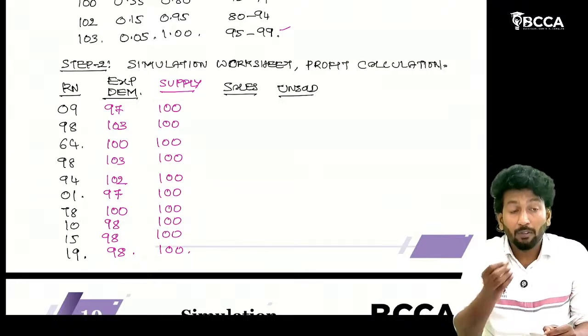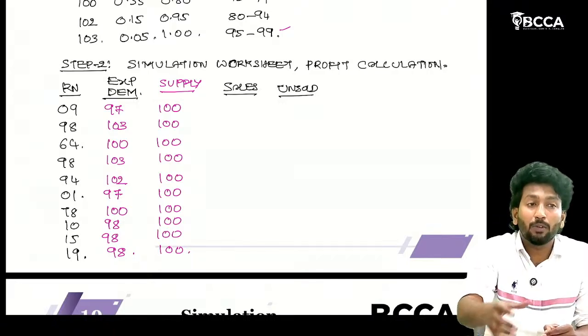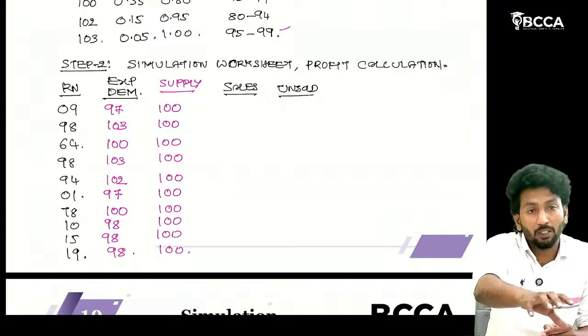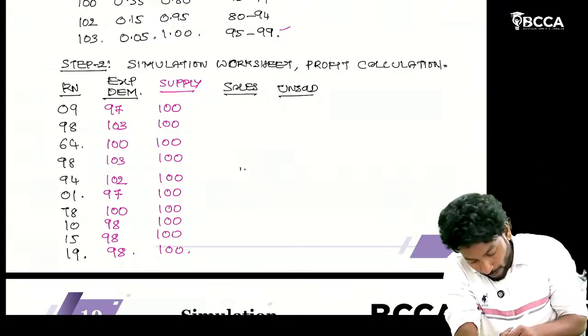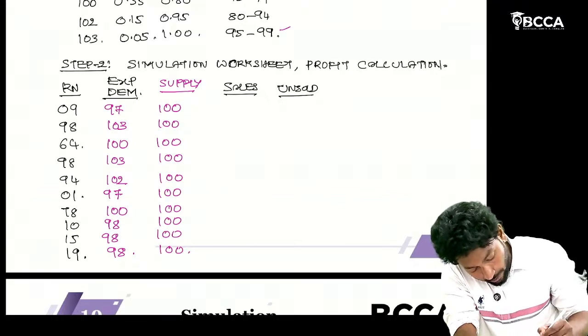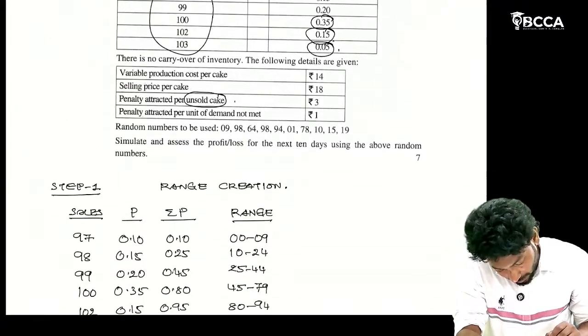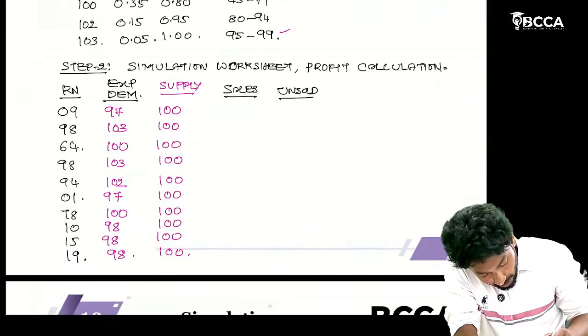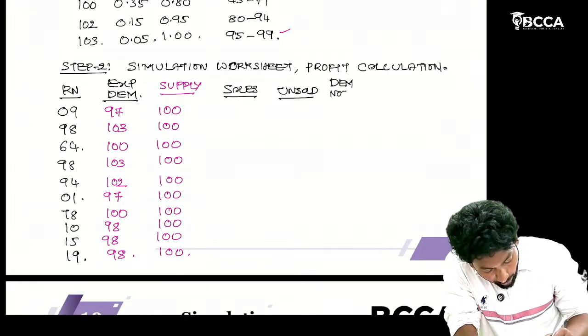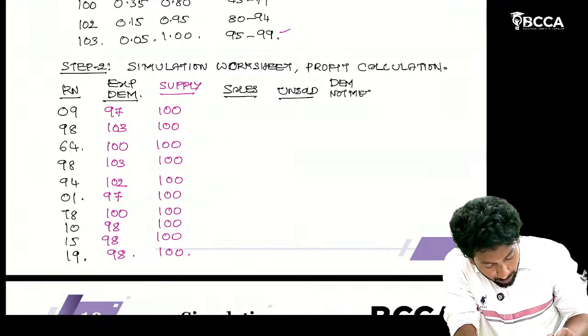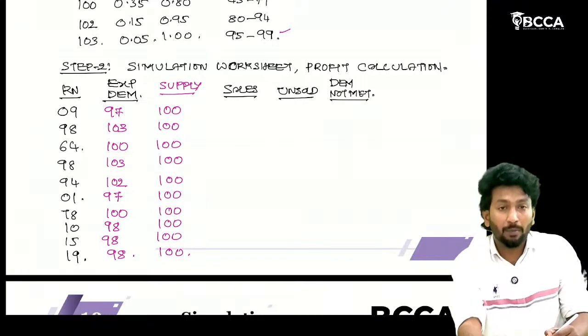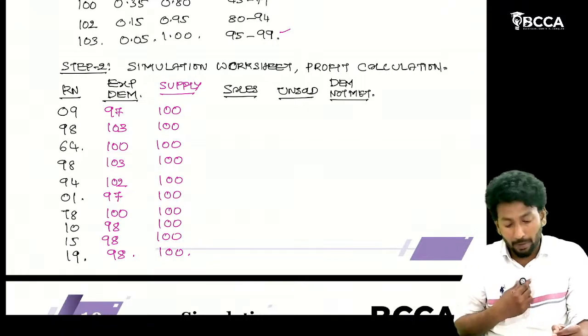If our supply is greater than demand, we will have closing stock, unsold units. Demand not met means the demand is greater than supply, more than 100.